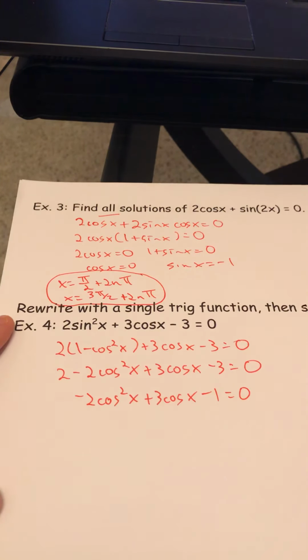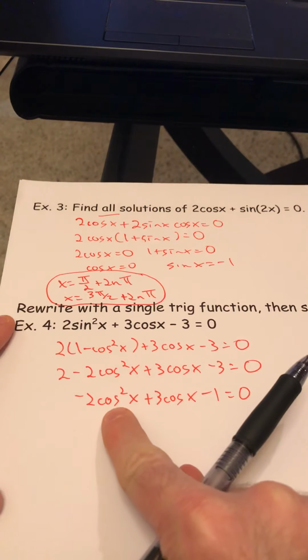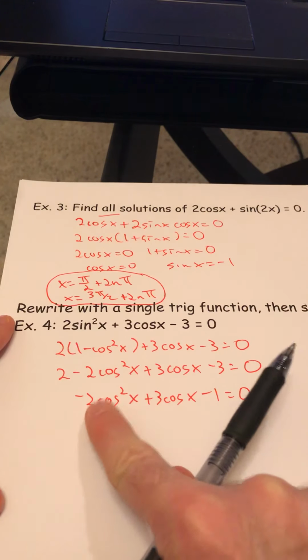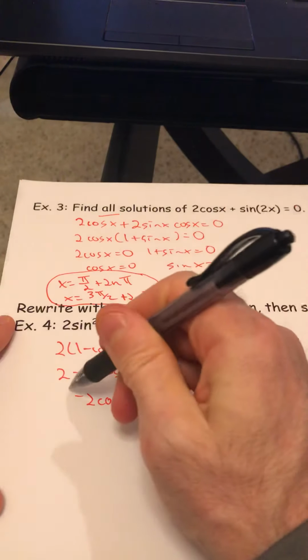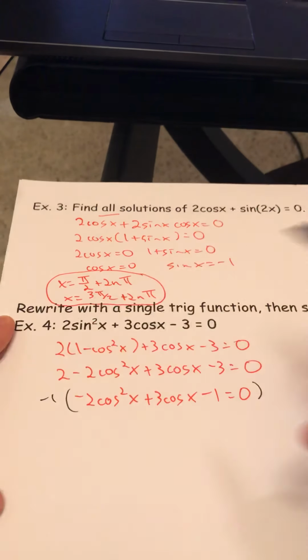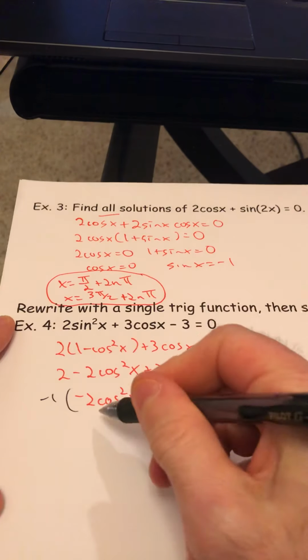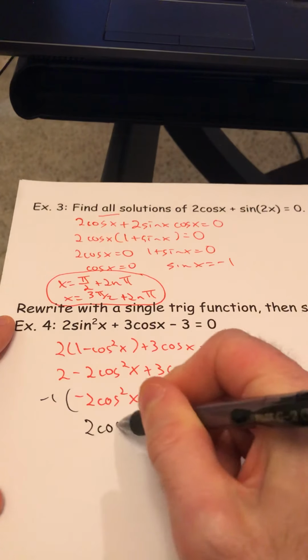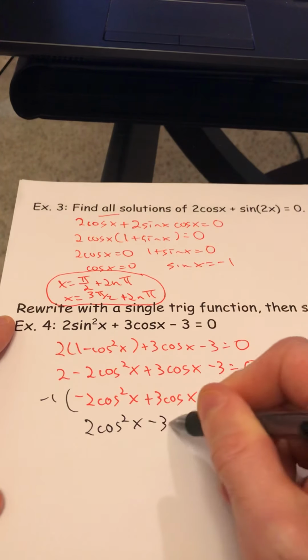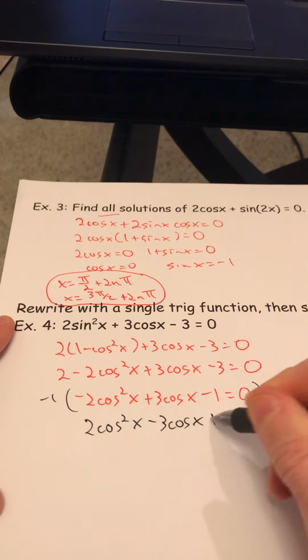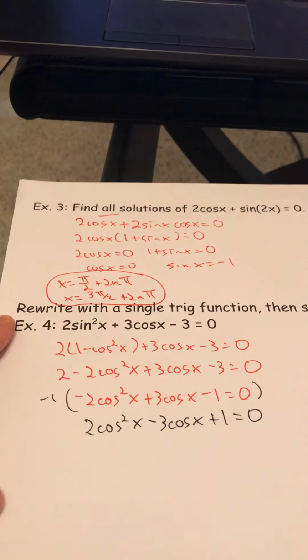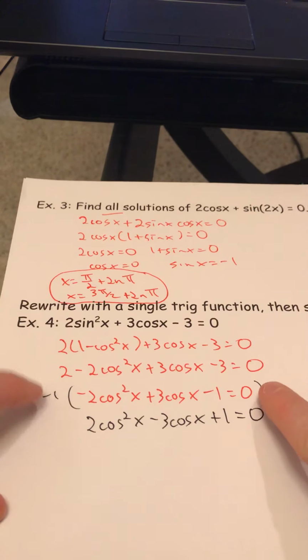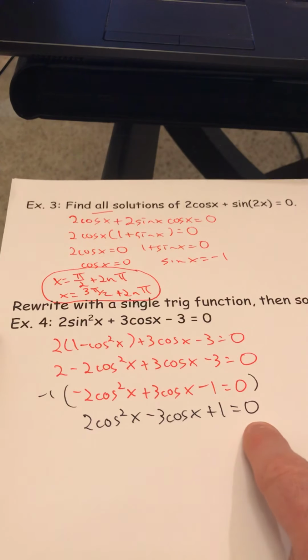Now, from here, one of the other things that I'm going to do, I don't really like to factor if my a value is negative, so I'm just going to multiply the entire problem by negative 1. 2 cosine squared x minus 3 cosine x plus 1 equals 0. Again, the reason we can do that, since this side is equal to 0, is that basically all our signs simply switch.